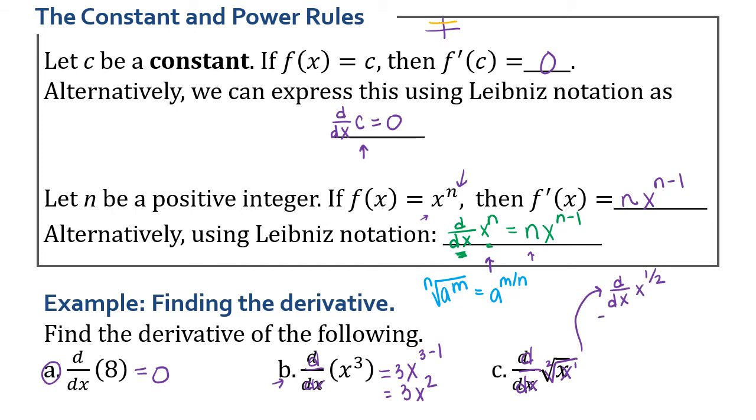Now if I apply this power rule, that 1/2 goes in front, because the power rule says if you're taking the derivative of something to a power, you move that power in front, and then you subtract 1 from the power. So that's going to be 1/2 times x to the 1/2 minus 1, which gives me 1 over 2 times x to the negative 1/2.